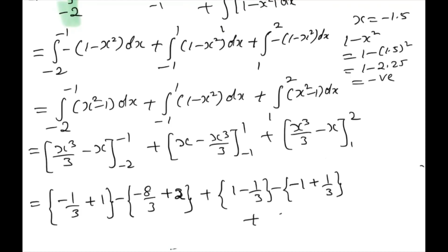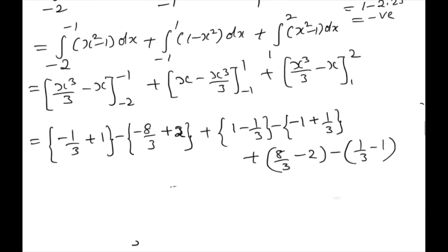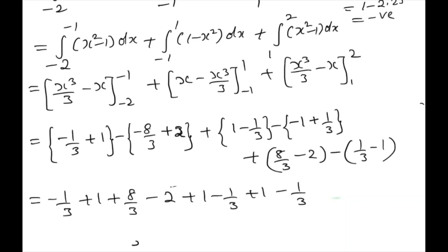Now upper limit 8 by 3 minus 2 minus lower limit 1 by 3 minus 1. That becomes minus 1 by 3 plus 1 plus 8 by 3 minus 2 plus 1 minus 1 by 3 plus 1 minus 1 by 3 plus 8 by 3 minus 2 plus minus 1 by 3 minus of minus plus 1.